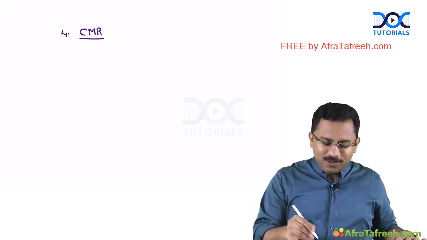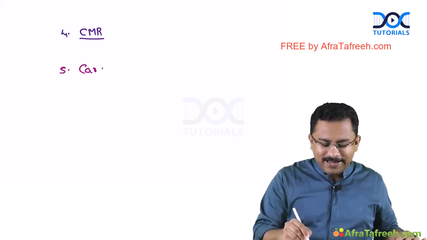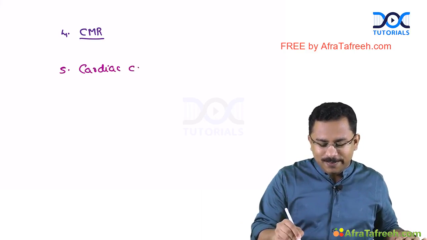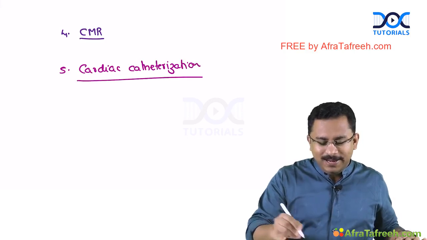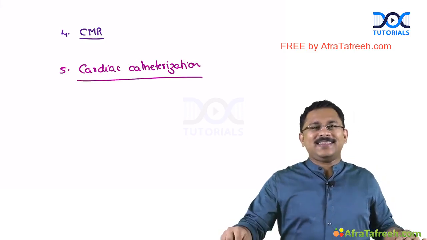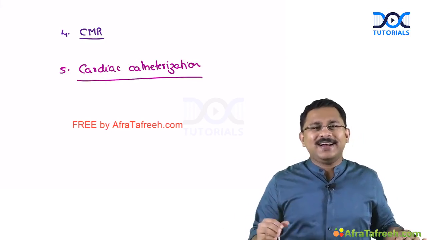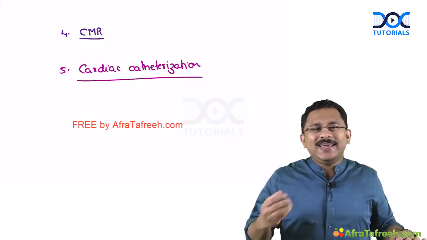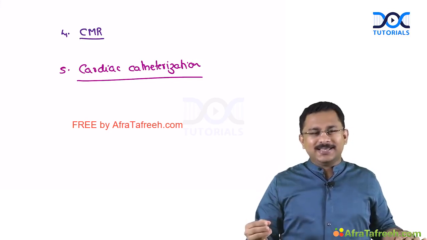And what about the role of the invasive cardiac catheterization? Well, invasive cardiac catheterization for the measurement of intracardiac pressures is not routinely recommended for the evaluation of a chronic mitral regurgitation.